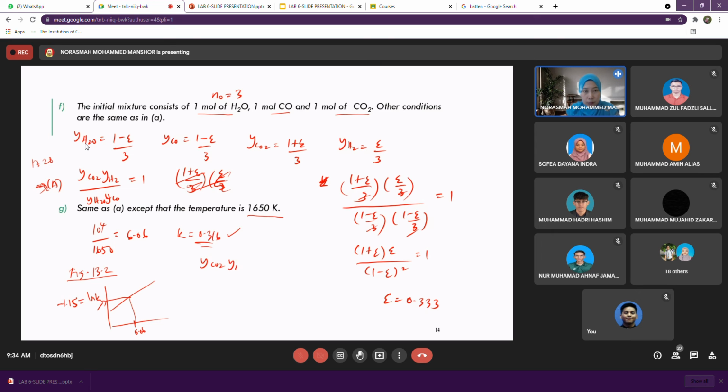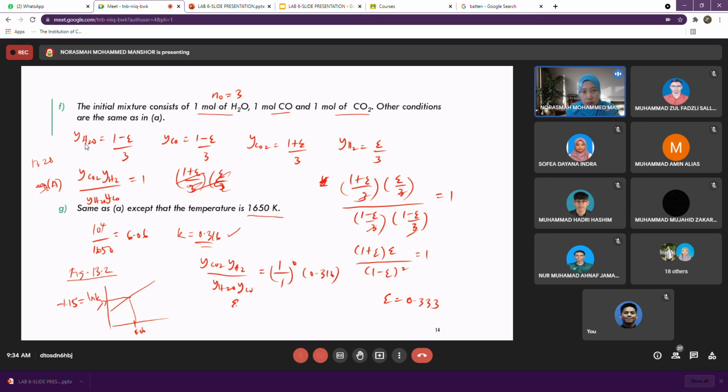YCO2, YH2, YH2O, YCO equal to P sama ni, tapi K sekarang 0.316. Okay, yang expression untuk yang Y semua ni sama macam A tadi lah.